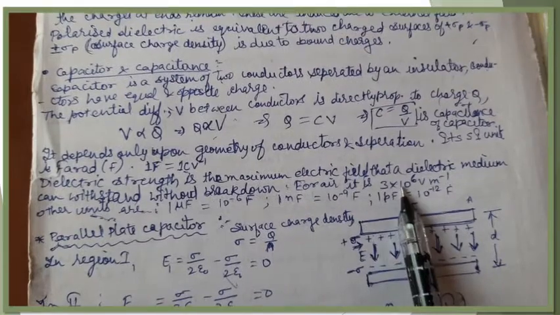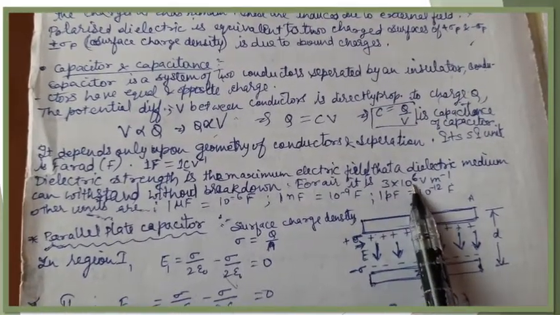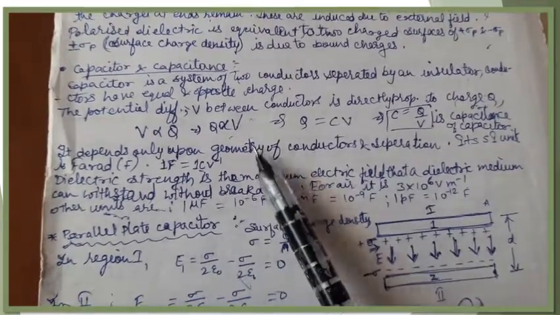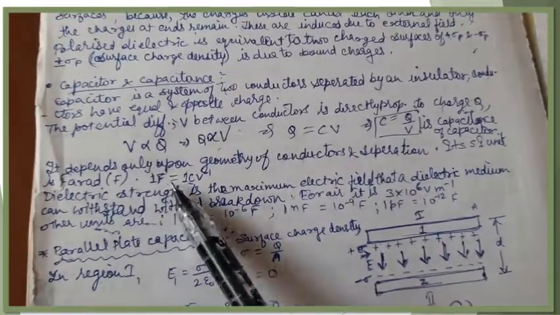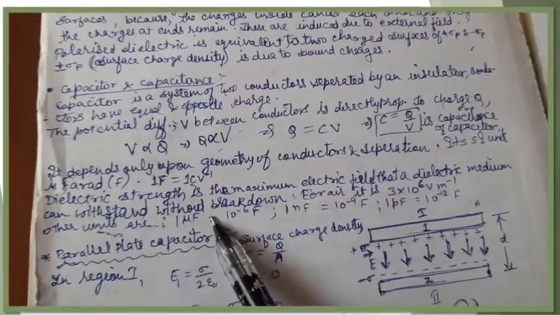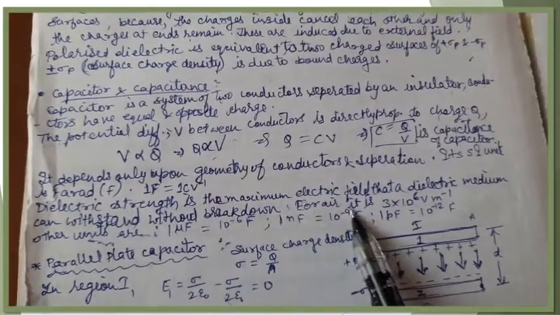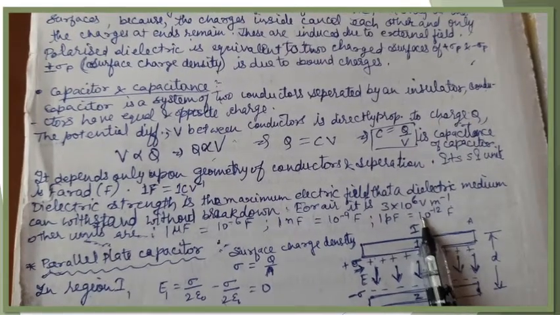The dielectric strength for air is very large, 3 into 10 raised to power 6 volt per meter. There are also smaller units of capacitance: microfarad, which is 10 raised to minus 6 farad, nanofarad, 10 raised to minus 9 farad, and picofarad, 10 raised to minus 12 farad.